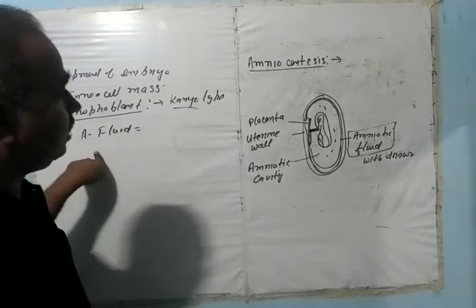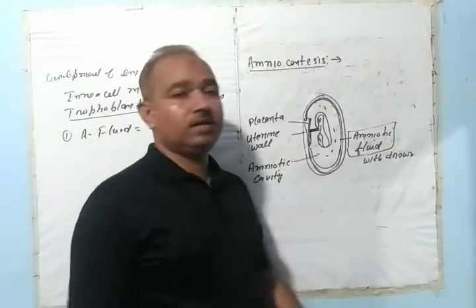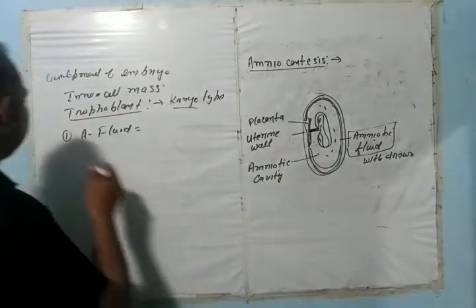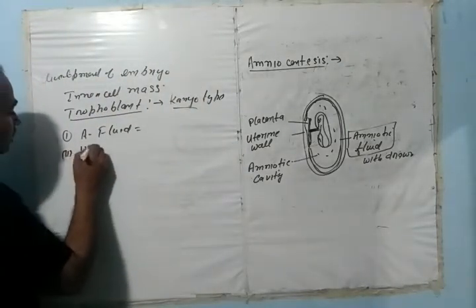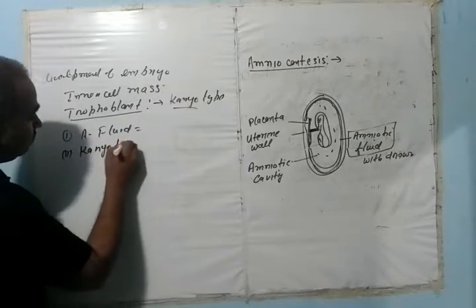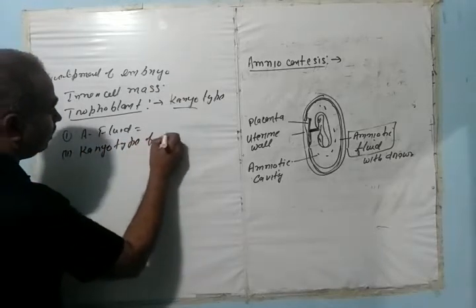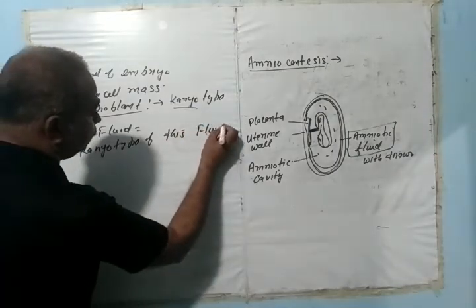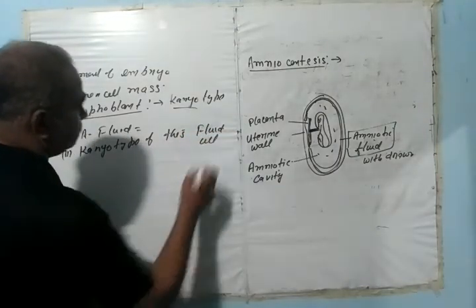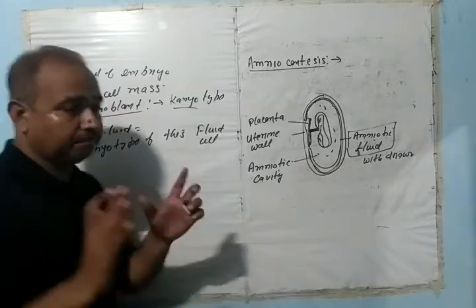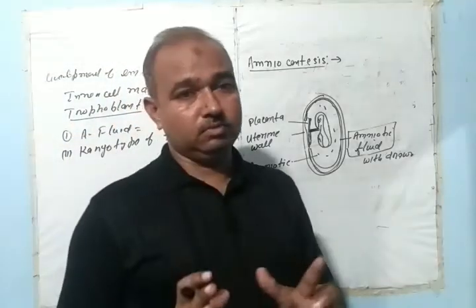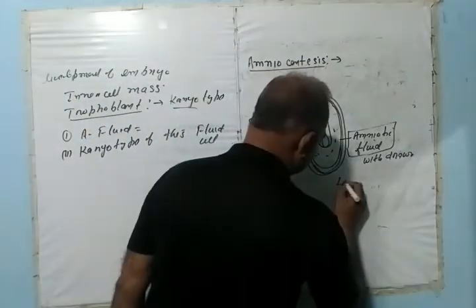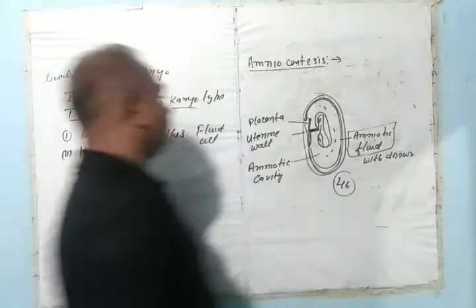After that, in vitro culture takes place, and after that we can find out the karyotype of this fluid or the cell. The pattern of the chromosome, the number of chromosomes generally found in human beings, is 46.